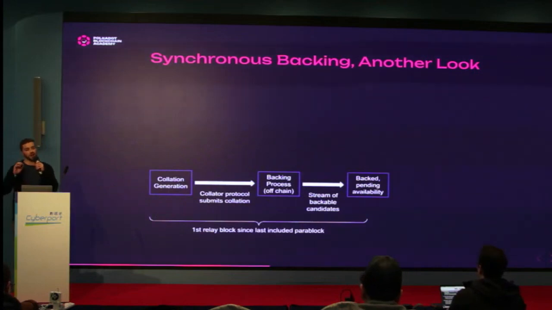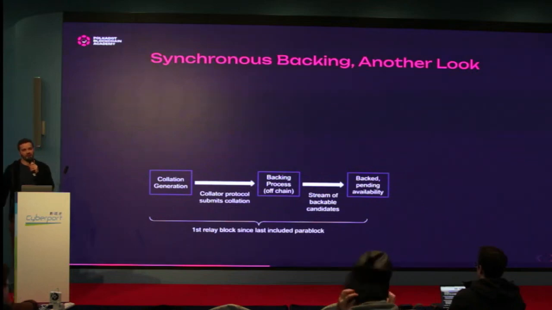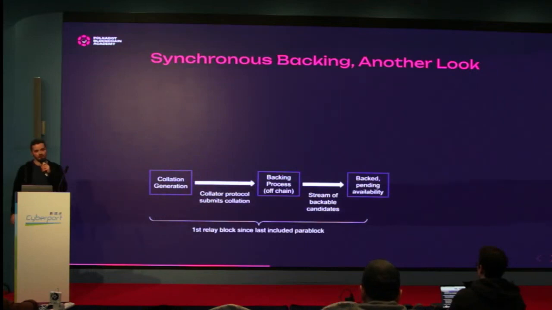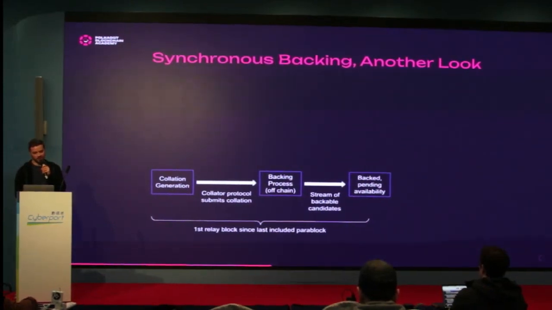So this is backers making backing statements, and then once a cohort of backers have met the backing threshold for a candidate, they communicate that candidate to the rest of the Polkadot validator set, so that a block author can then mark a candidate as backed in a relay chain block. So all of that is happening off-chain.